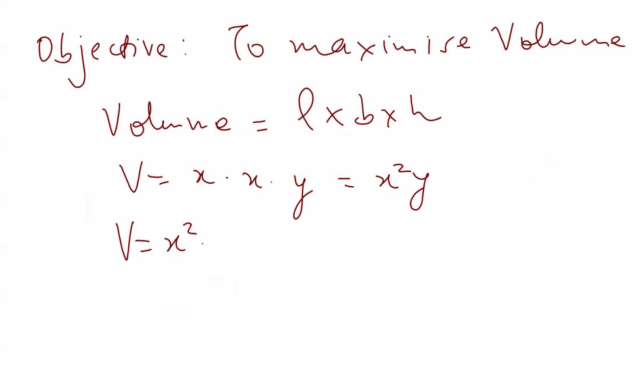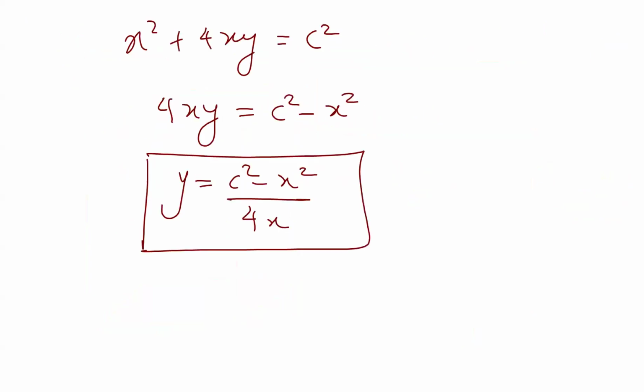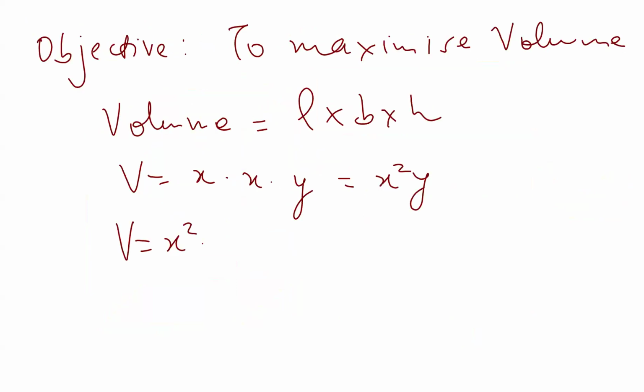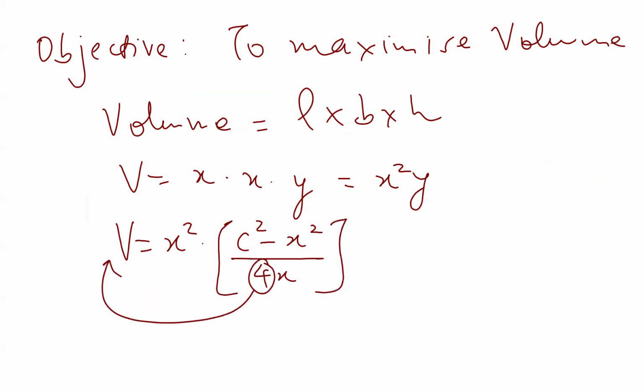Now what is y? y is c square minus x square upon 4x. Now since 4 is a constant, we can shift it over here. So 4 times volume is equal to this x square, and this x will get cancelled.